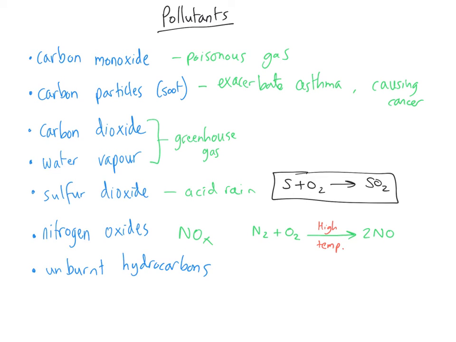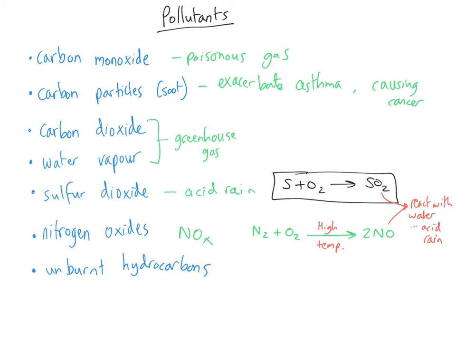You get the high temperatures when you ignite your fuel in a petrol engine, and nitrogen, even though normally it's very unreactive, because of this high temperature, is capable of breaking apart and then reacting with the oxygen. And just like sulfur dioxide, nitrogen oxides are able to react with water, and when they react with water, that makes acid rain because both of these are acidic gases.